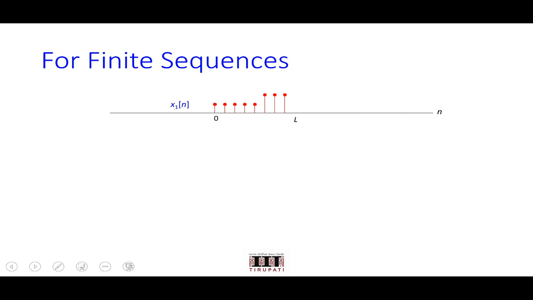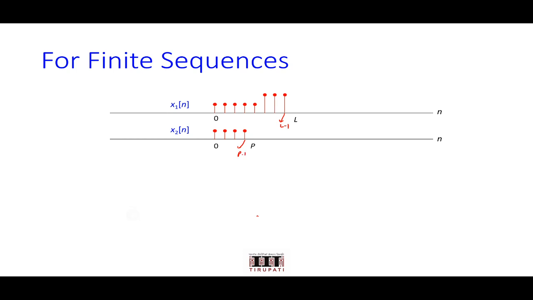So how do you do it in practice? Assume that you have x1 of n of length L and x2 of n of length P. The last point would be L minus 1 because it started with 0, and this is P minus 1, of course. Then you zero pad them to have a length of L plus P minus 1.